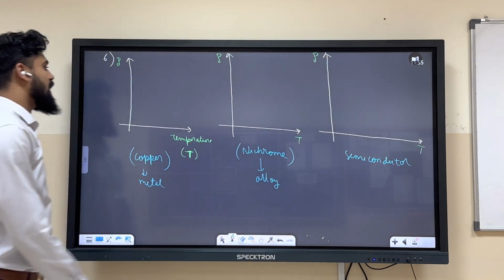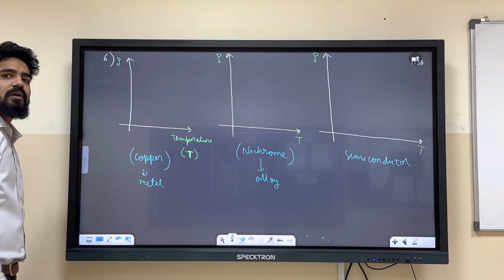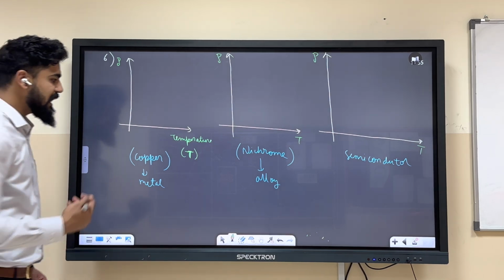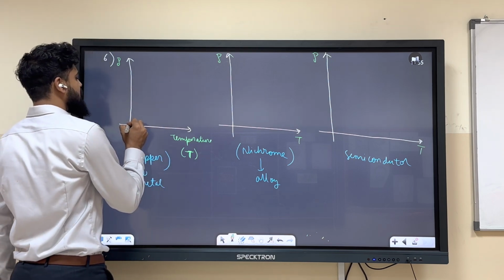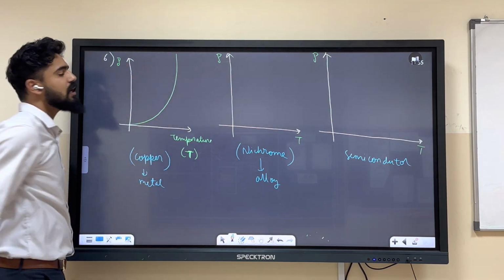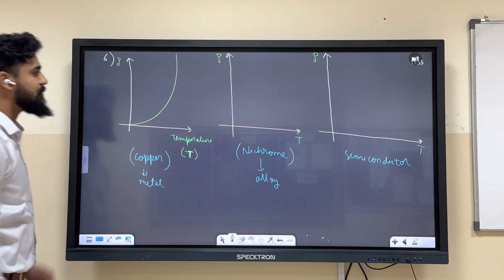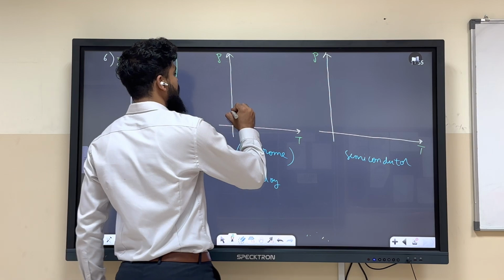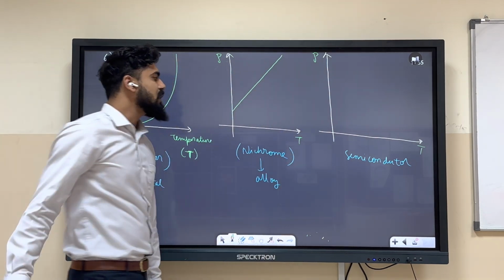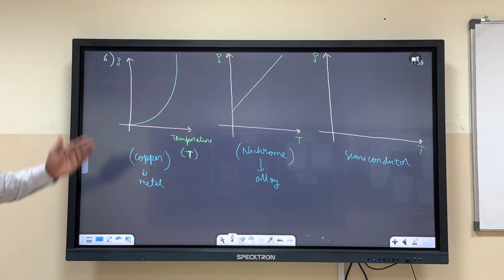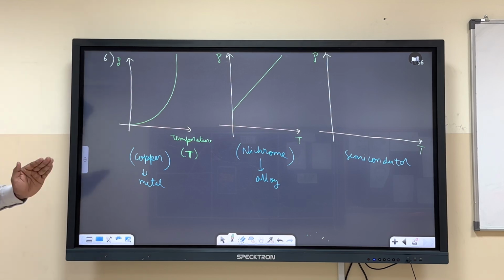Okay. Now, for copper, as we increase the temperature, the resistivity increases. So the curve goes like this, an upward opening parabola. For nichrome, it's a nearly constant line. Nichrome is an alloy, so the resistivity changes only slightly in a straight line way.